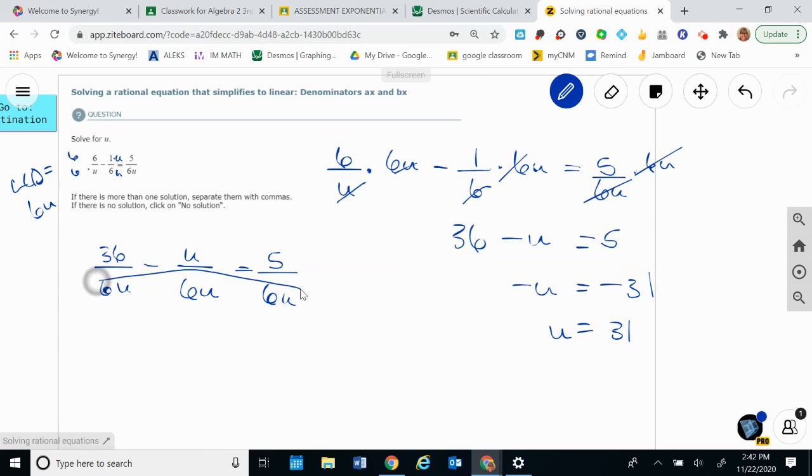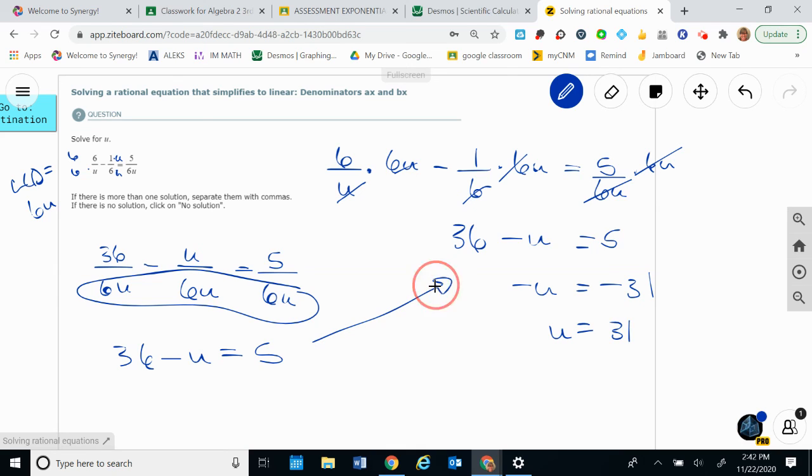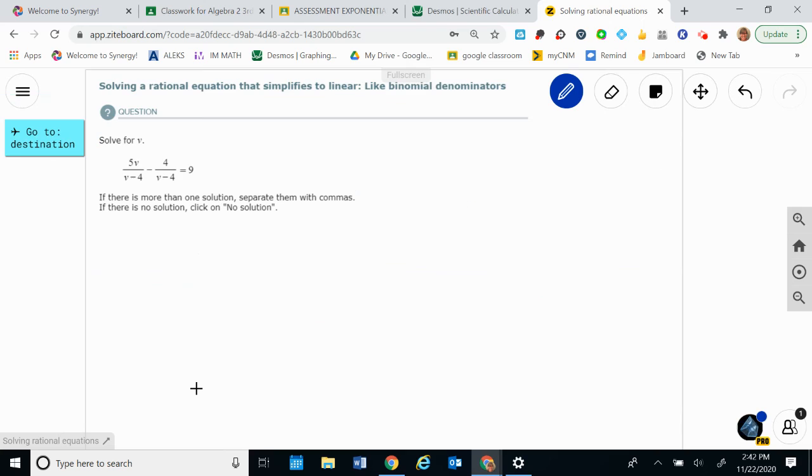And if everything is over the same denominator, you can just get rid of it because you're multiplying by it. So you could just write that, and you can see that's where we ended up right there. So you can choose your method. It doesn't really matter to me.